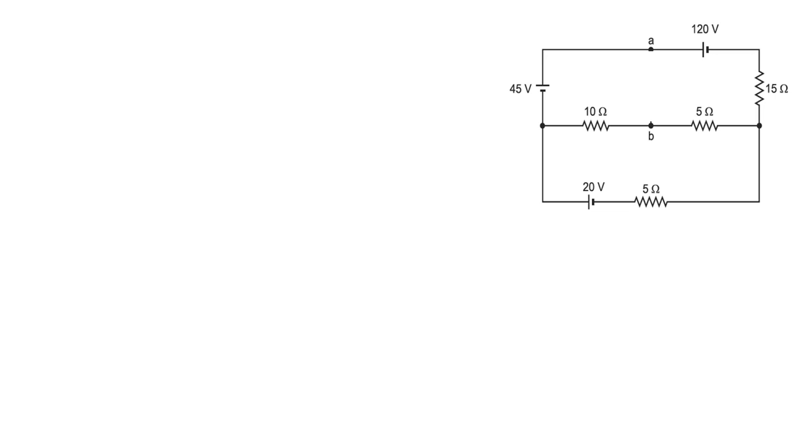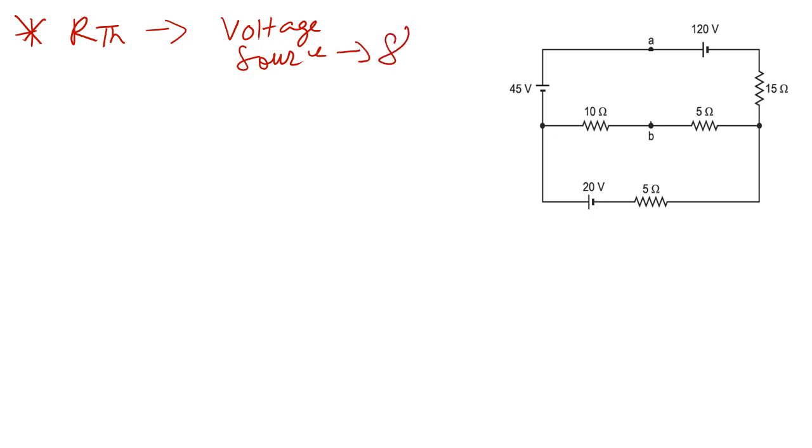Now the turn is for Thevenin resistance. So this Thevenin resistance you have to find. To find this, if any voltage source is there, you have to make it short, and if there is a current source, then you have to make it open.